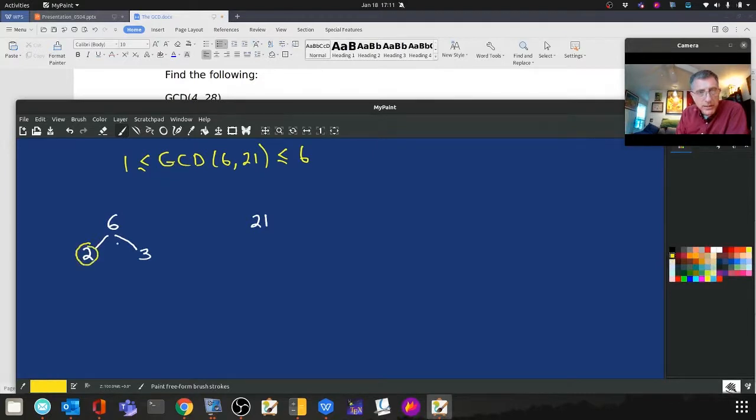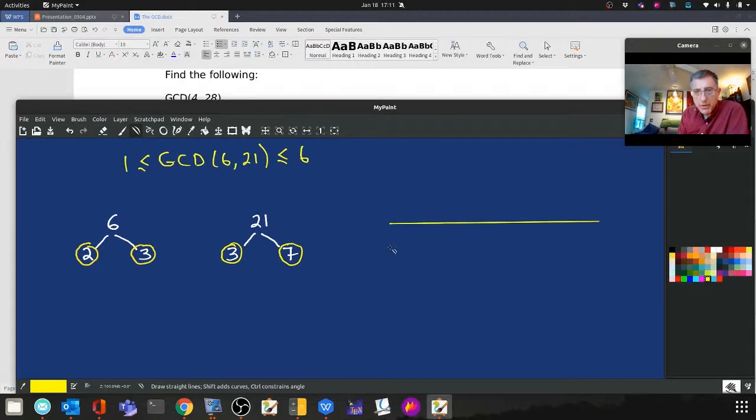As soon as you get to the roots of the tree and you have a prime number, that's where it stops. Now over here for 21, 21 is not even, but you know 21 is divisible by 3, and 21 divided by 3 is equal to 7. So again, 3 and 7 are both prime, and I stop.